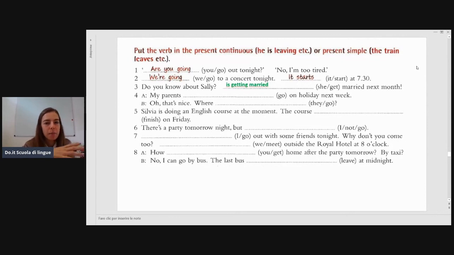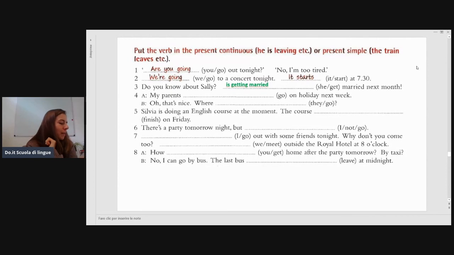My parents, blah, blah, blah, on holiday next week. Oh, that's nice. Where? Dove vanno? Ok, anche qui, se qualcuno va a fare la vacanza, anche quella è una cosa che spesso è pianificata in anticipo. Di solito è nel nostro controllo, e siccome sono my parents, sono più di una persona, è coinvolto qualcun altro, vuol dire che si sono messi d'accordo ed è 100% sicuro.